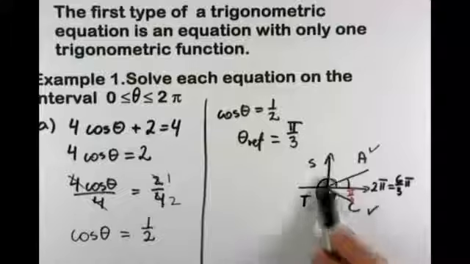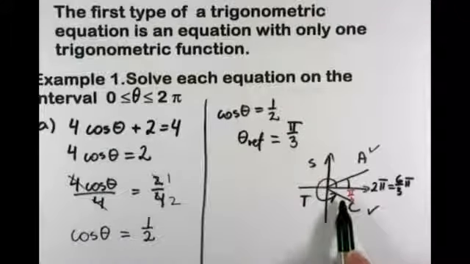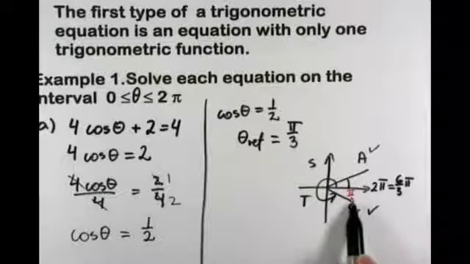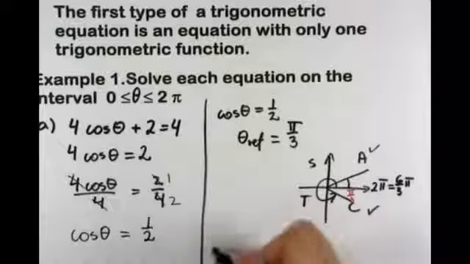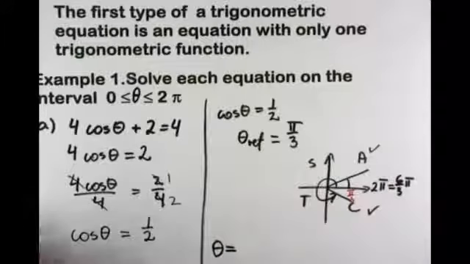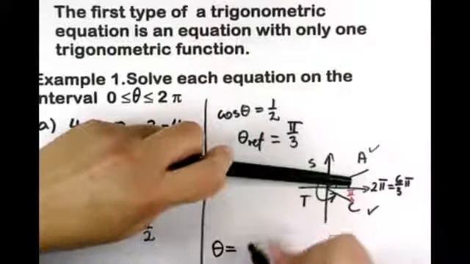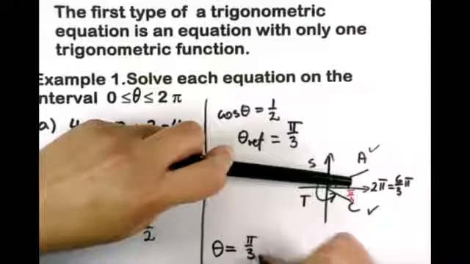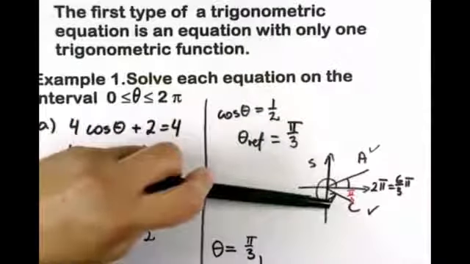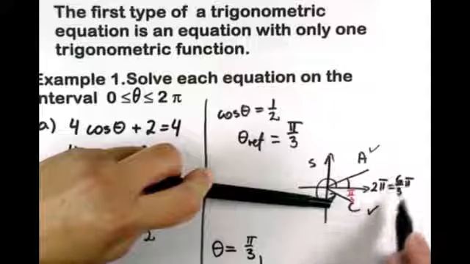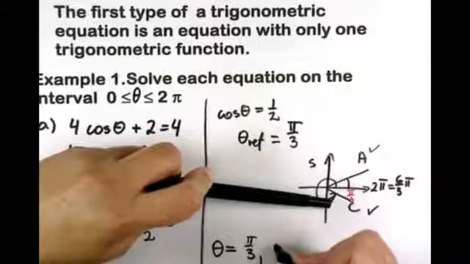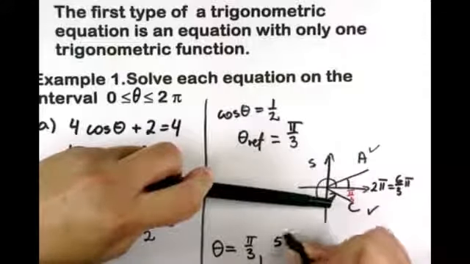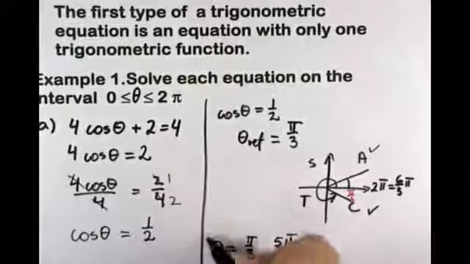So this angle is 2 pi minus pi over 3. So the final answer is theta is equal to pi over 3 from the first quadrant, and the other angle is 6/3 minus 1/3, which is 5 pi over 3.